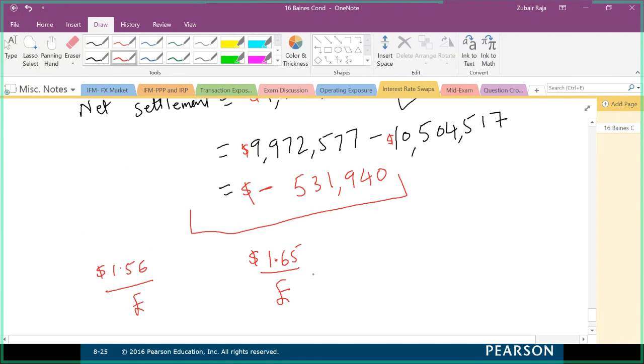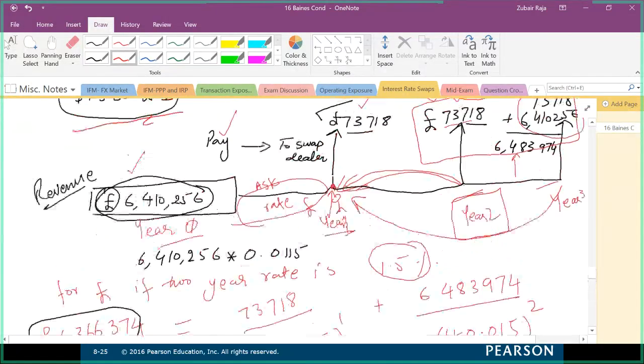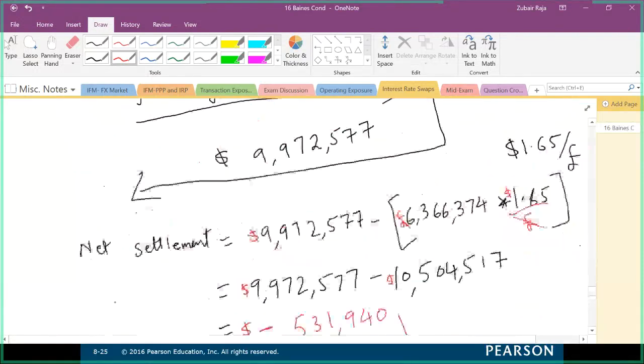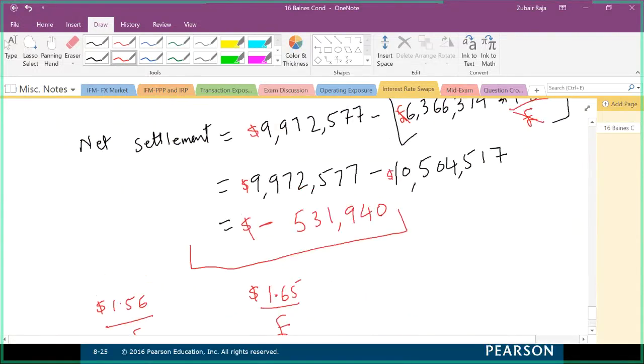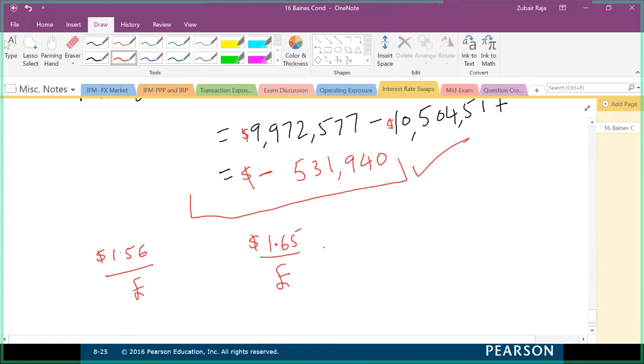And the party's liability was in which currency? It was in pounds. So when the pound appreciated, the party's liability also increased, right? Because of this, the party ends up taking a loss if they unwind this position from the cross currency swap at this new rate.